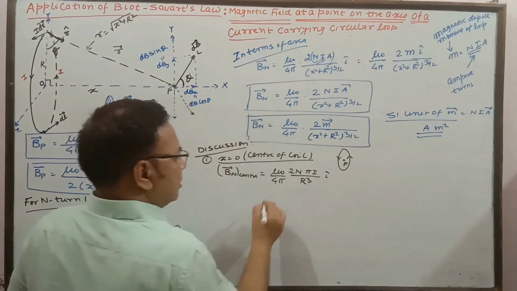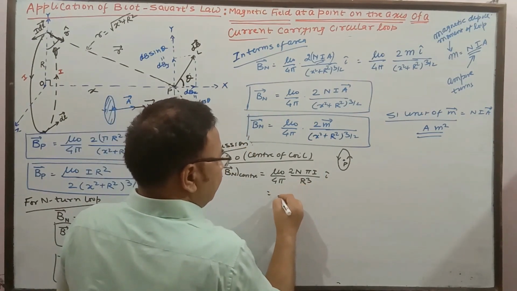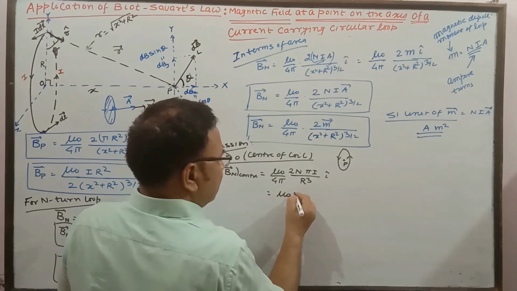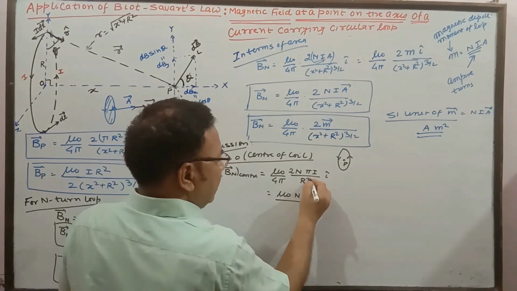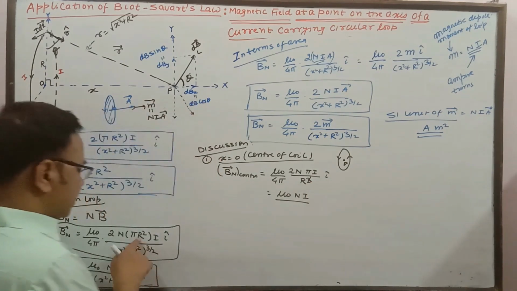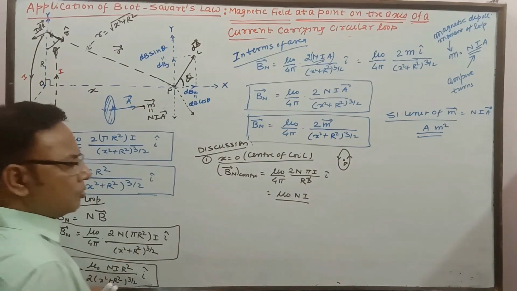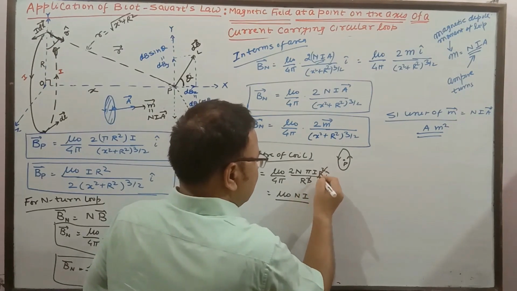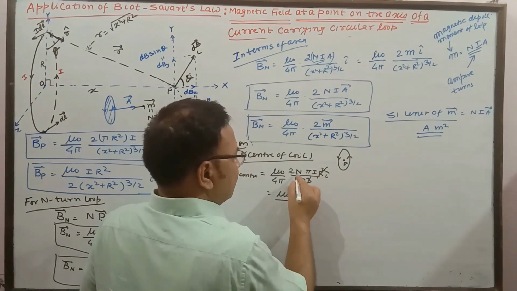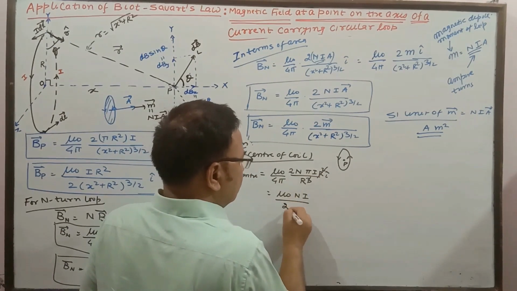On cancellation, you shall have mu naught n I. These 2 pi cancelled, and one r square is cancelled out between r square and r cube, so we are left with mu naught Ni, 2 pi cancelled out, so 2r.